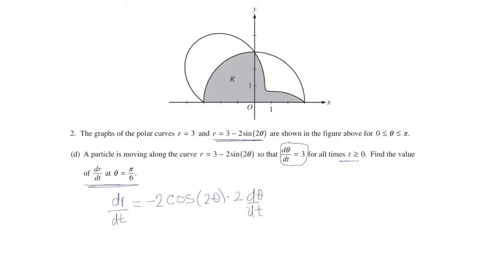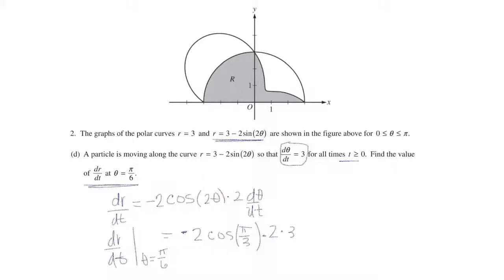So dr dt at theta equals pi over 6 is going to be negative 2 cosine of 2 times pi over 6, which is pi over 3, and then times another 2, and then d theta dt, that's 3, so times 3.